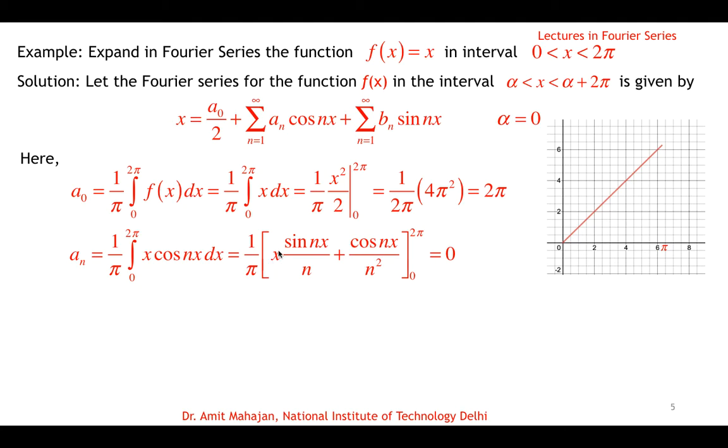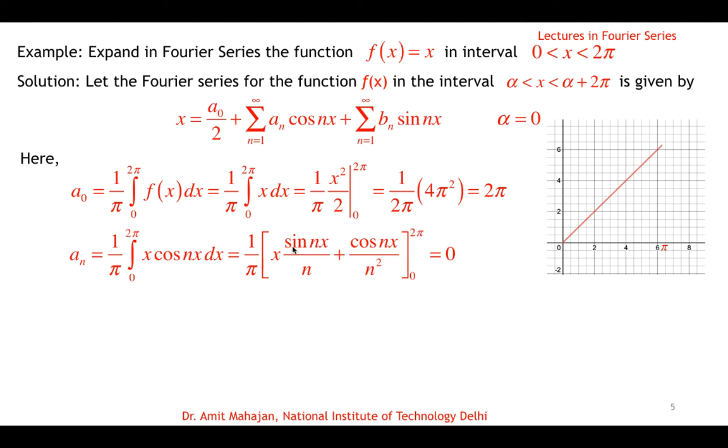So first function times integration of second, the integration of cos nx is sin nx by n, minus derivative of first, which is 1, and integral of this, so the integral of sin nx by n is minus cos nx by n square, so minus minus becomes plus here. So the double integral will give one negative sign and one minus sign from the rule of integration by parts, so it becomes a plus sign here.